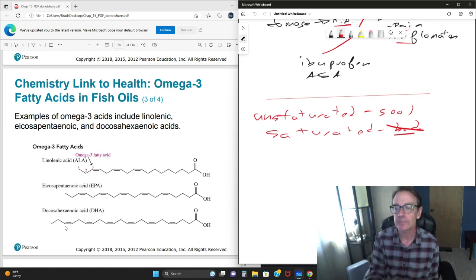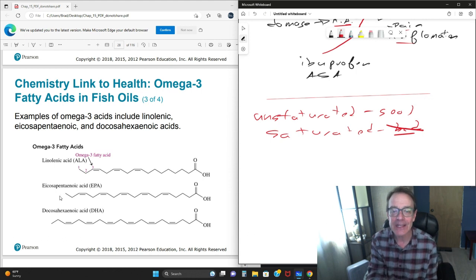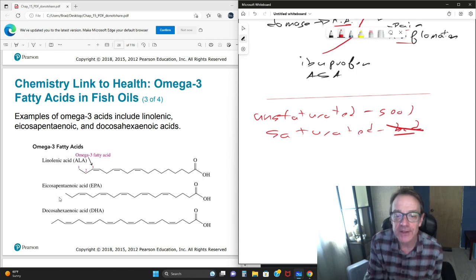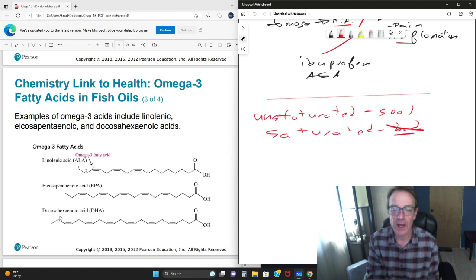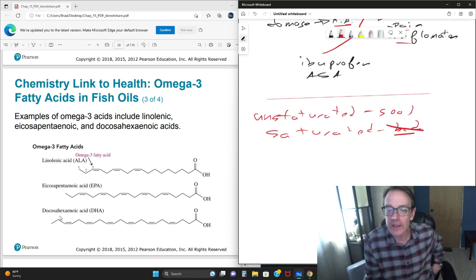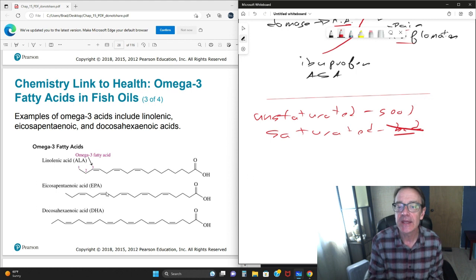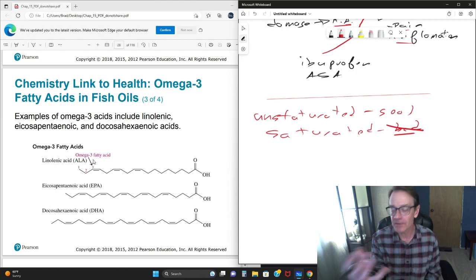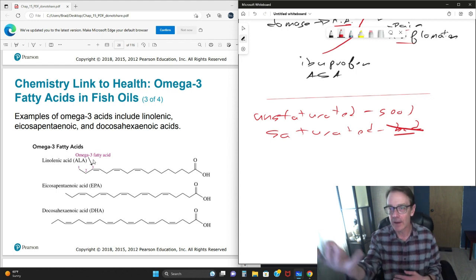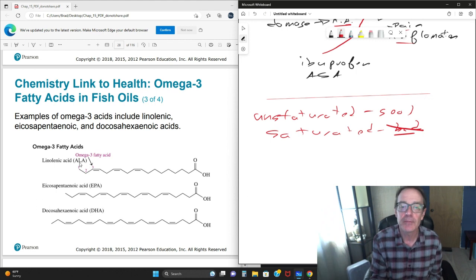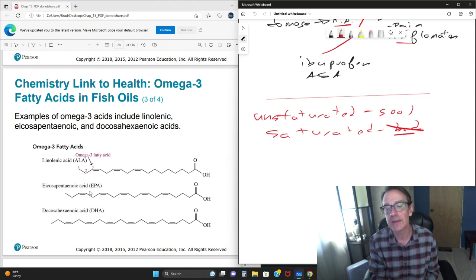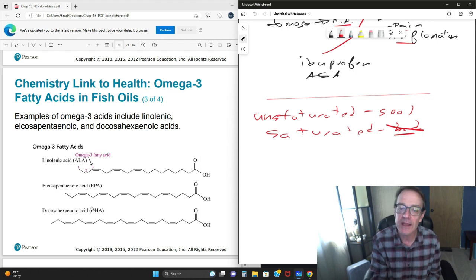Okay. And so there are various omega-3s, linolenic, eicosapentaenoic, and docosahexaenoic: ALA, EPA, DHA. If you go and grab a bottle of omega-3s, and it's properly labeled, you'll see the ALA content, the EPA content, and the DHA content.